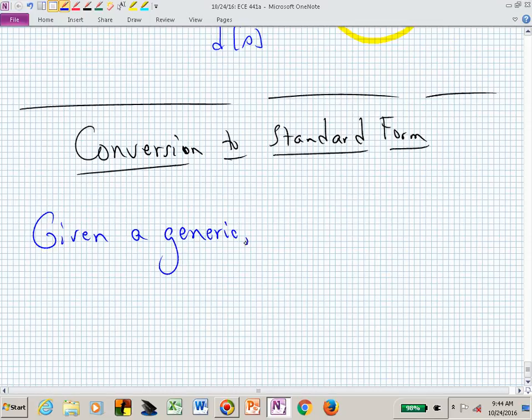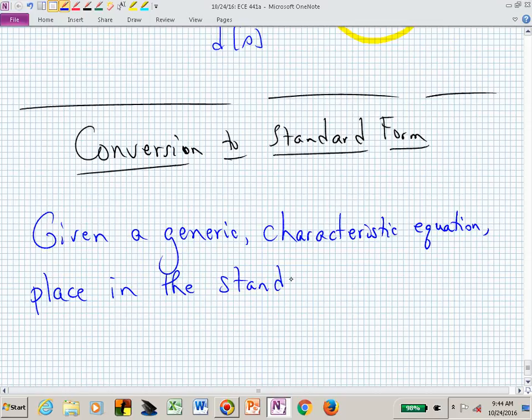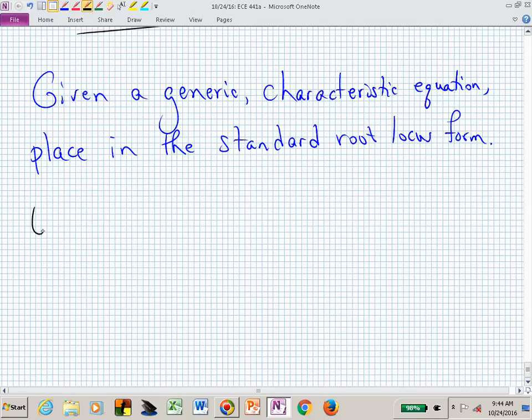Given this generic characteristic equation, I want to place it in standard, what we're calling root locus form. And it's probably easier to talk about this via an example.